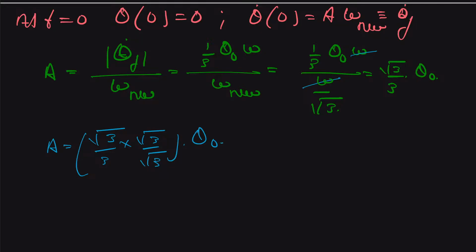The 3 and 3 cancel out, so we are left with only 1 by square root of 3 times theta naught. Next question.